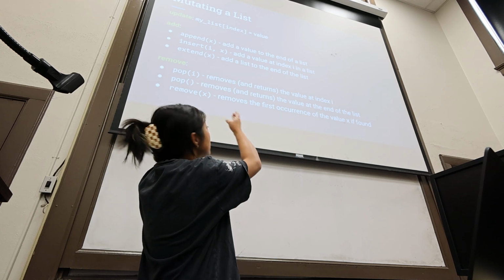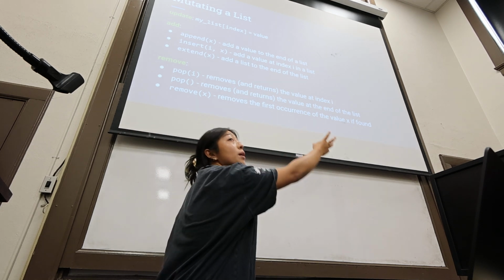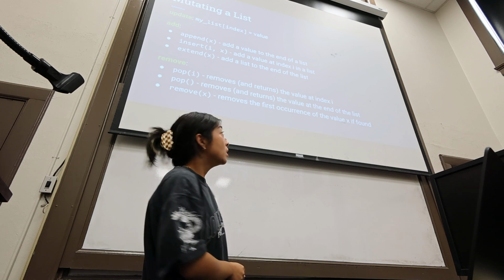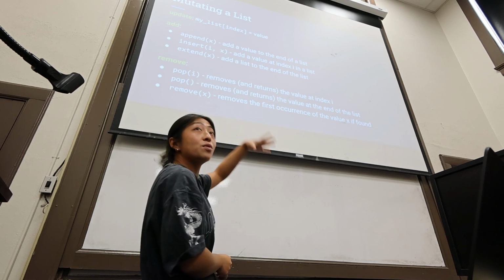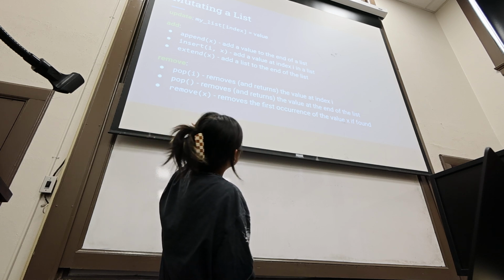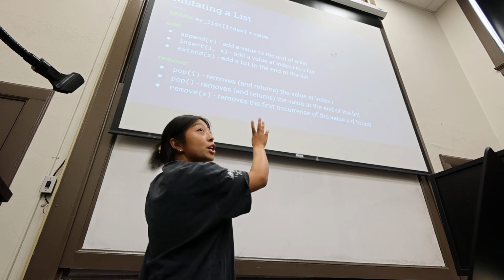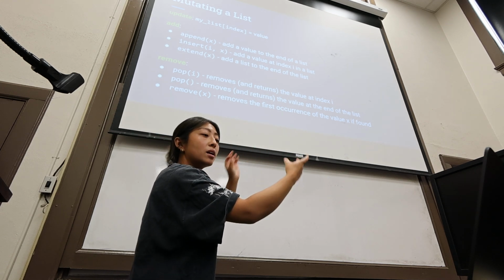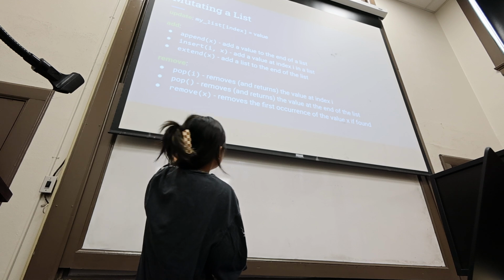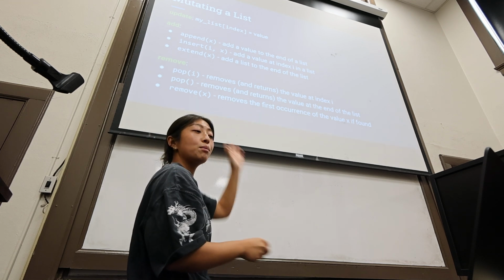You're passing in as a value to the function append the value that you want to append to the end of the list. You can also use insert, where you specify the index that you want the new value to be in. You can also extend a list by passing in an argument that's actually a list itself, remember? And then .pop and .remove. These built-in functions will remove elements from your list.